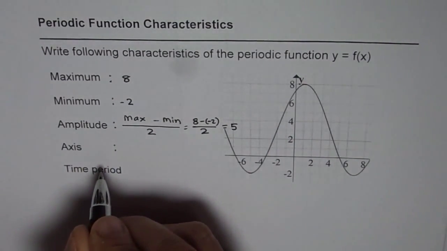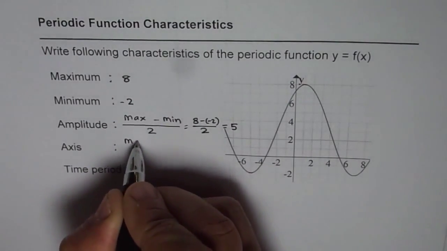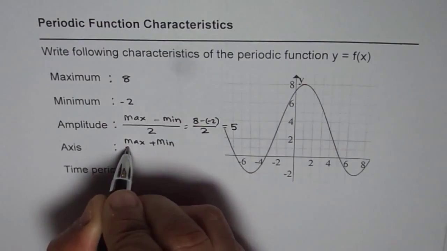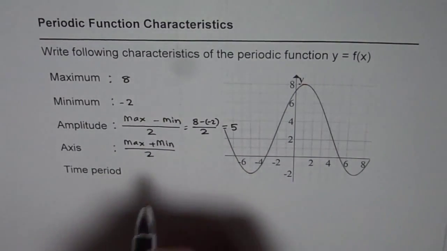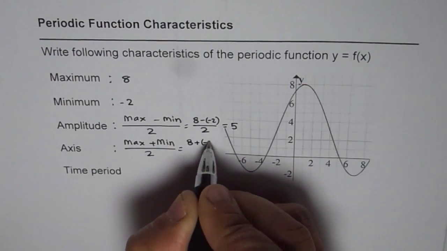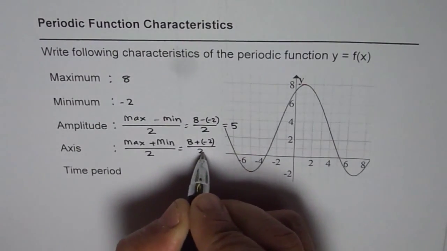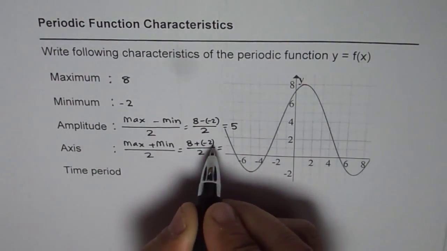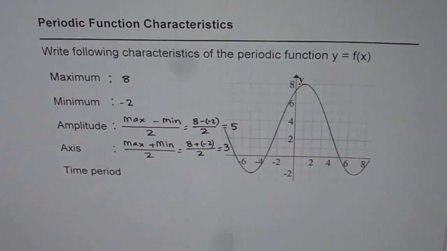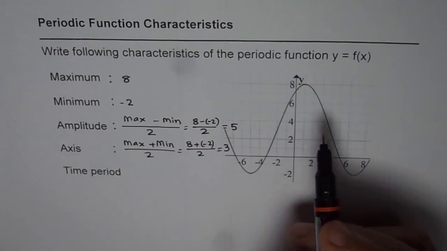Axis is the average value, meaning maximum plus minimum divided by 2. Average of maximum and minimum. So it will be 8 plus -2 divided by 2, which is 6 by 2, which is 3. You can sketch this and see it for yourself.